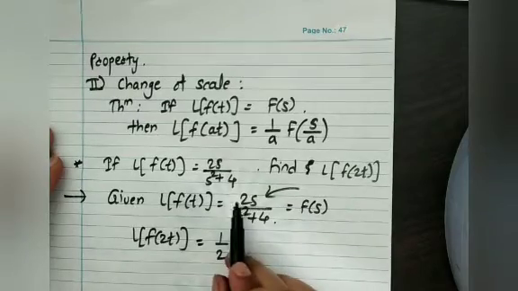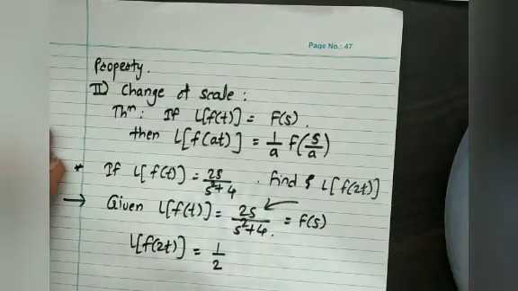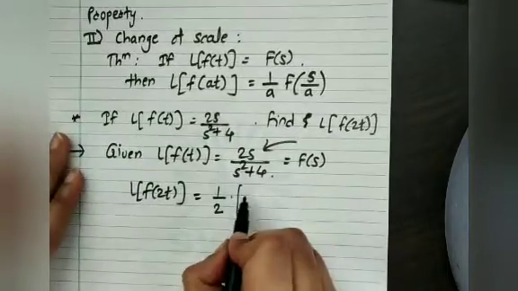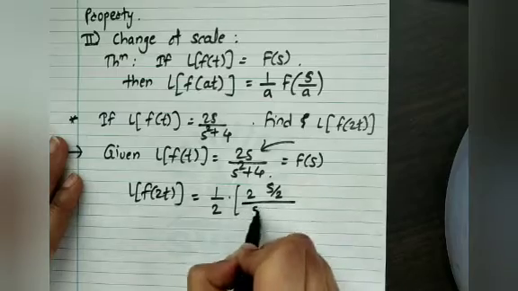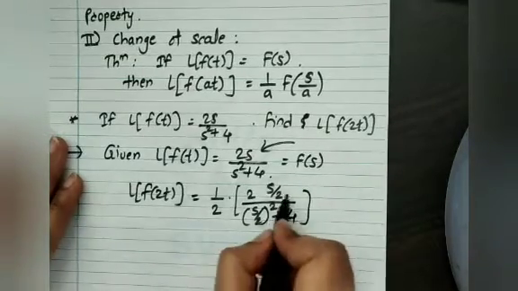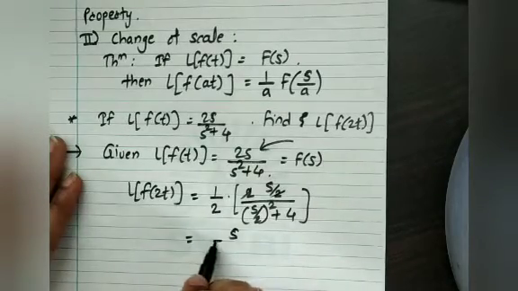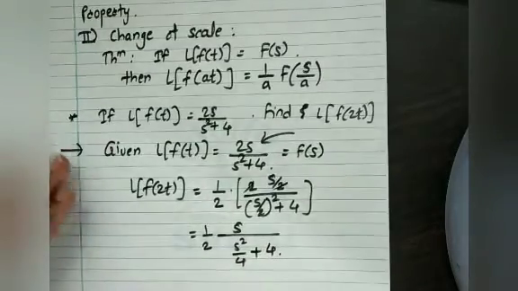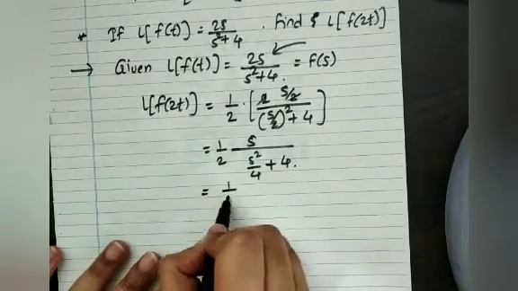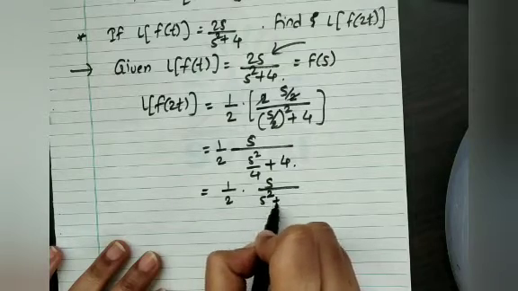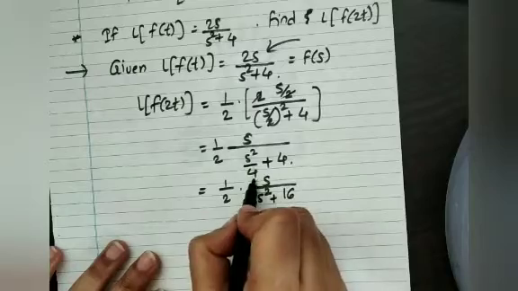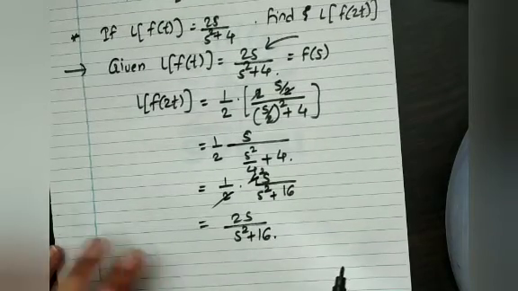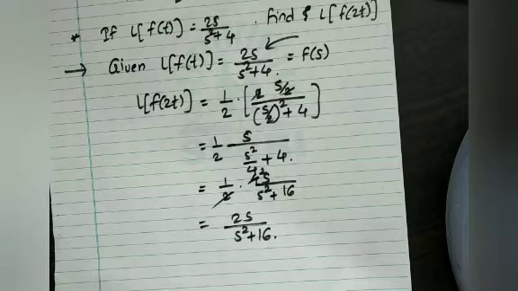Wherever there is s in this F of s, we'll replace s by s upon a, that is 1 upon a into F of s upon a, that is 2 into s by 2 upon s by 2 square plus 4. 2 gets cancelled, that is 1 by 2 as it is, s upon s square by 4 plus 4, that is 1 by 2 s upon s square plus 16 upon 4, and that 4 will go to the numerator, 2s, that is equal to 2s upon s square plus 16 will be the answer by using change of scale theorem.